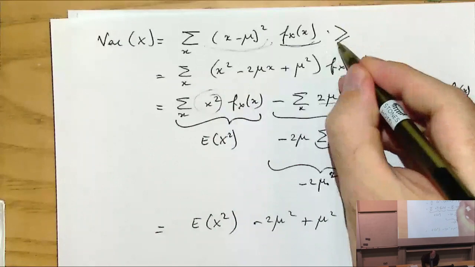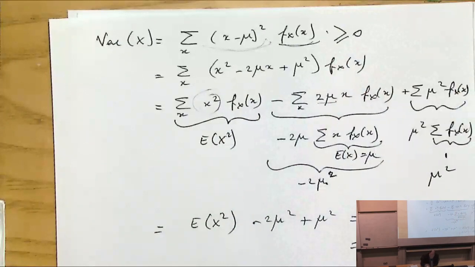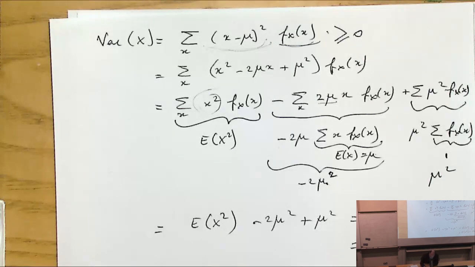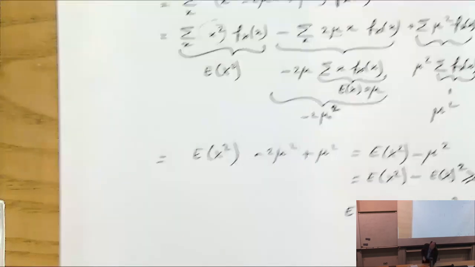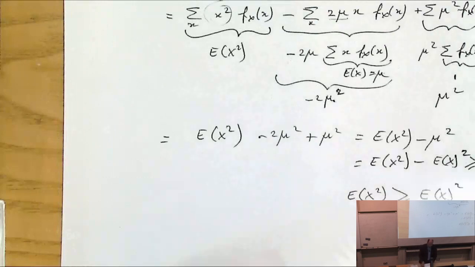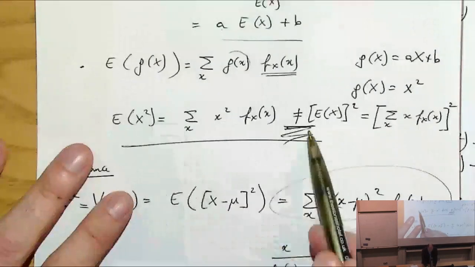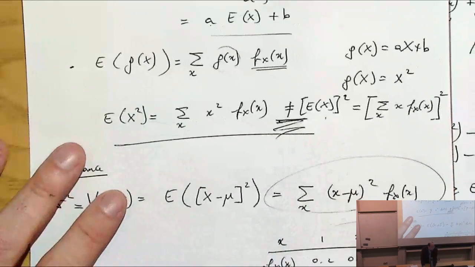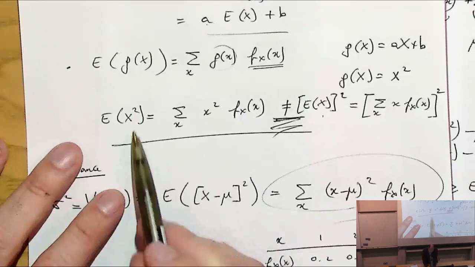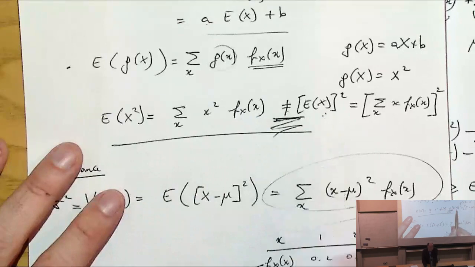So this quantity here is always larger or equal to 0, right? And so you can write that the expectation of x squared is always larger or equal to the square of the expectation. Okay, so in general, the expectation of x squared is different from the square of the expectation, but we can say more. We can say the expectation of x squared is actually larger or equal to this term.